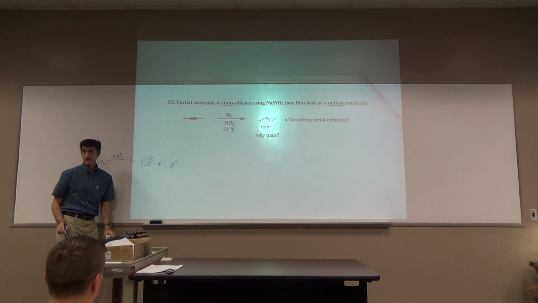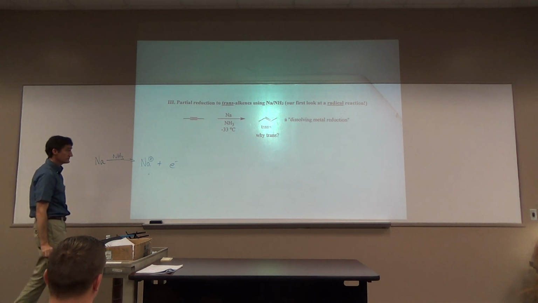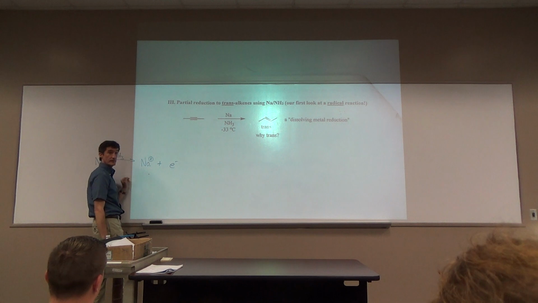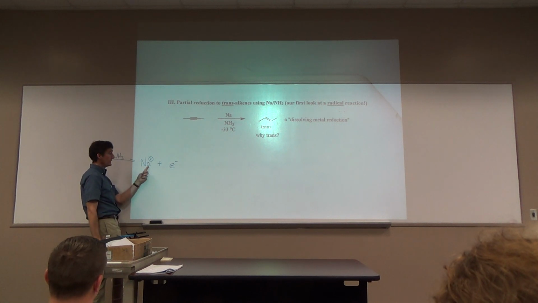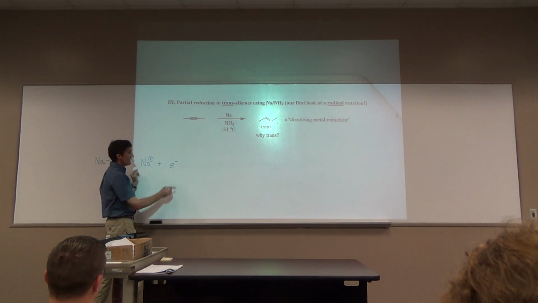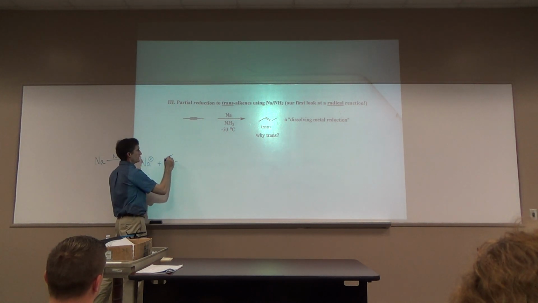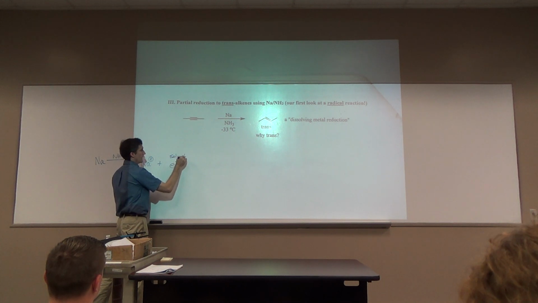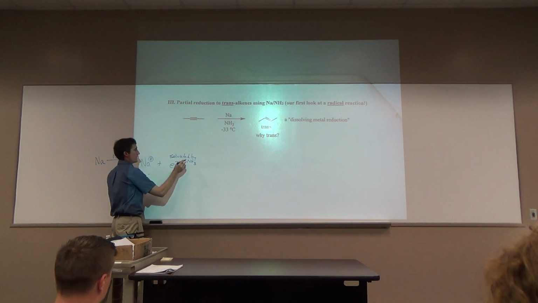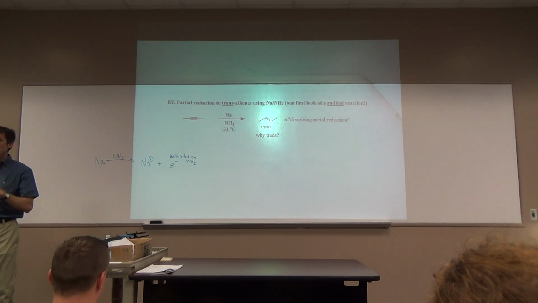Plus an electron. If this gives up an electron, the only way to get this is to lose an electron. Now the electron is solvated with ammonia, analogous to hydrogen bonding or some type of IMF.